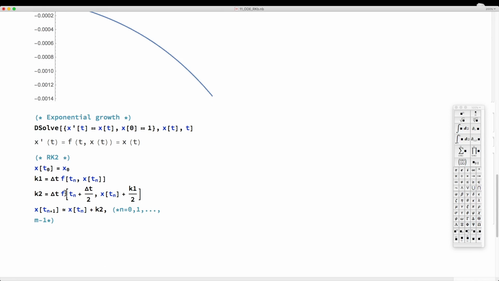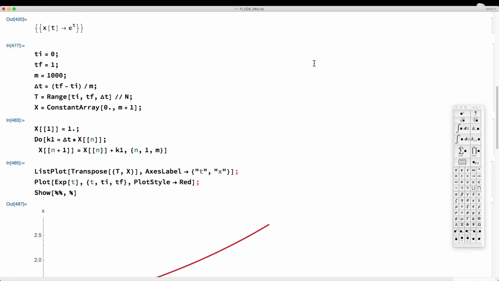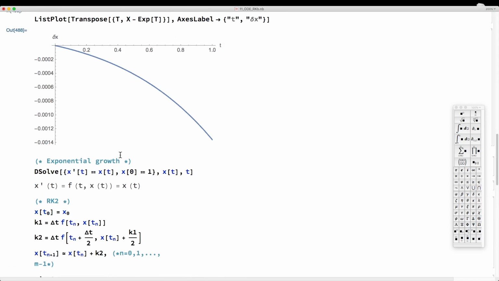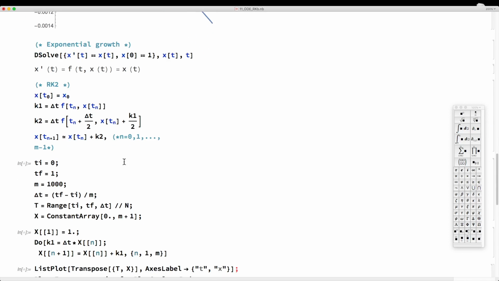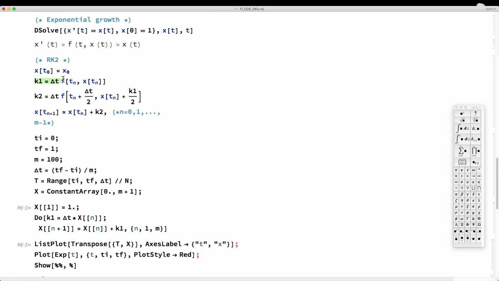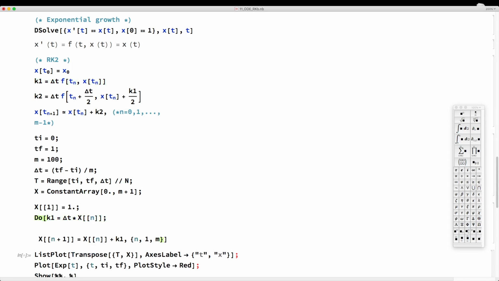So let's quickly code up this scheme. I can start from the same place that I started before. So let's copy all of this code down here. And let's stick to 100 steps. And now the scheme tells us to compute K1, which we already did before, but now we have to do an extra step and calculate K2. And that's going to be given by delta t times f of x plus K1 over 2.